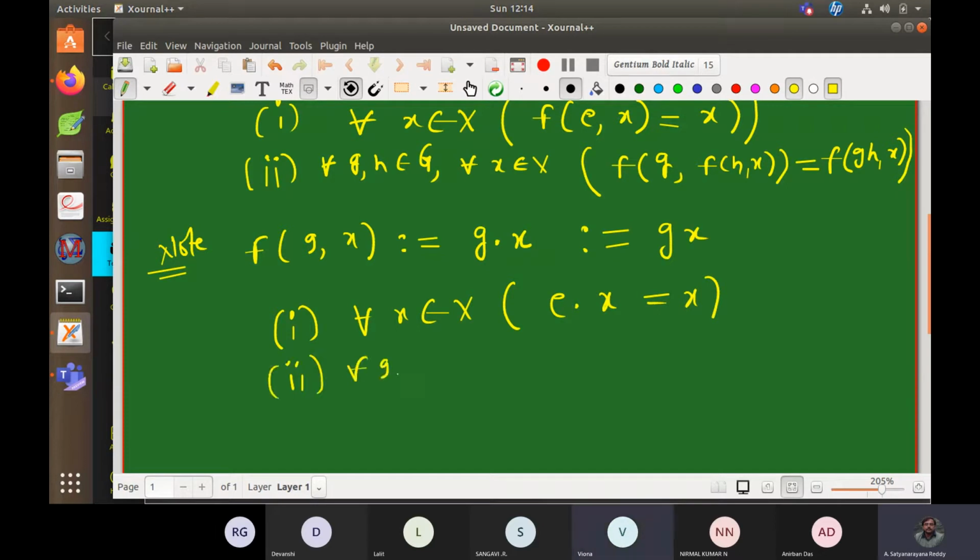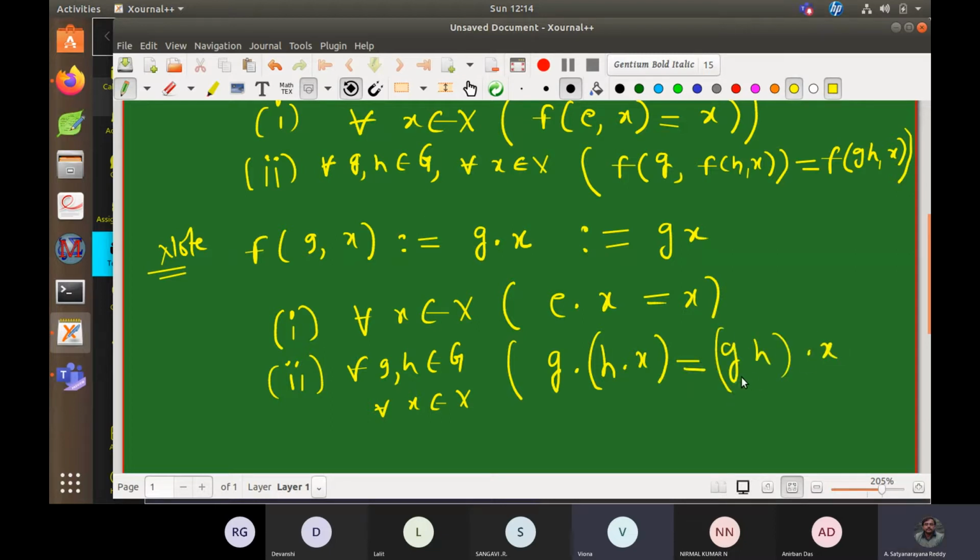For all g, h belongs to G and for all x belongs to X, g dot (h dot x) is equal to (gh) dot x. Here gh is an element in the group. So h is acting on x, then g acts.